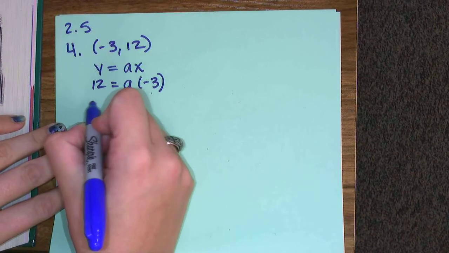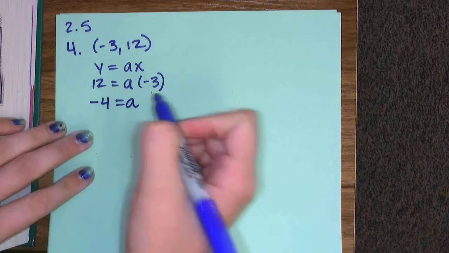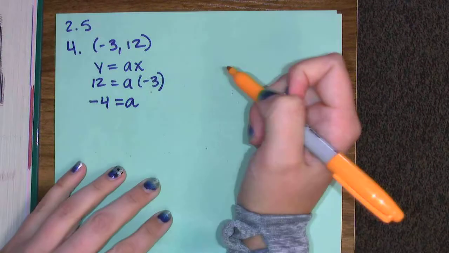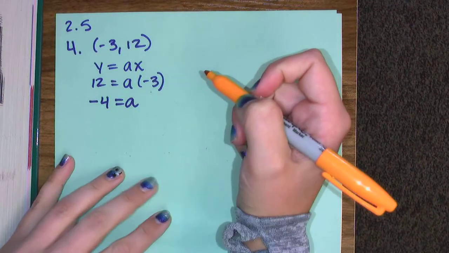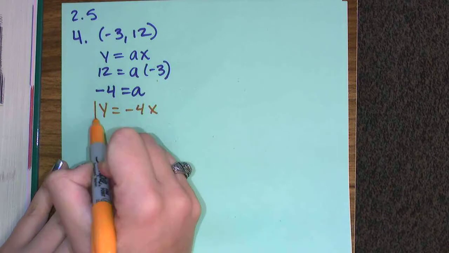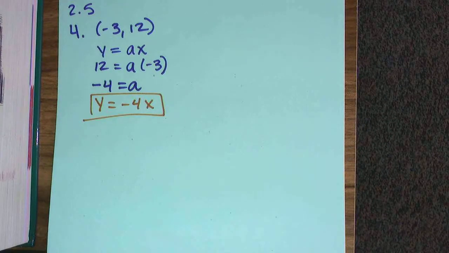So I get -4 is equal to a. Then to rewrite it in the form that we want, we just rewrite y is equal to -4x. So that is the equation that has the given point as a solution. Sorry, not through the point, but that is the solution of the equation.